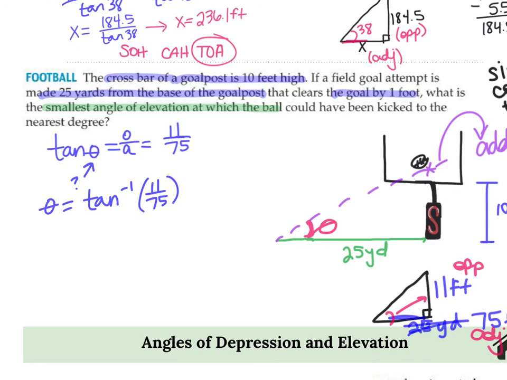When you type that in your calculator, you get that theta, or this angle measurement, is about 8.34. Remember, we want the nearest degree, so theta is at least 8 degrees. That way we know it would clear.